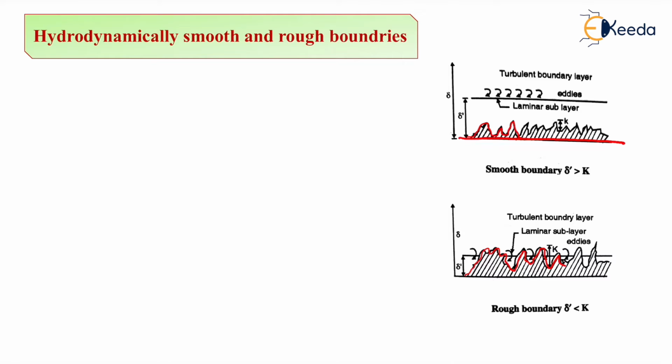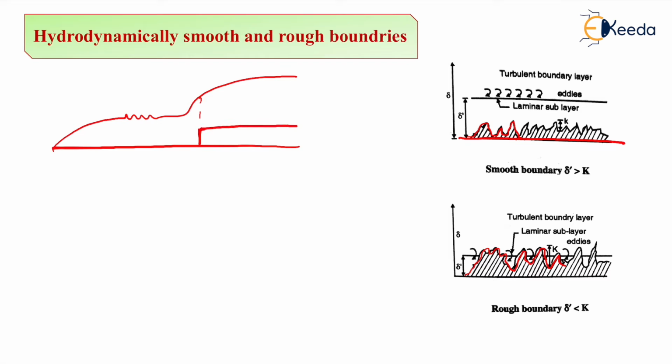We know that in the boundary layer, this is the laminar zone, this is the transitional zone, and this is the turbulent zone. In the turbulent zone, there exists a laminar sublayer. Laminar sublayer is that zone in which flow velocities are very slow, hence all the layers are parallel to each other. So there does not exist any disturbance between the travel of fluid.